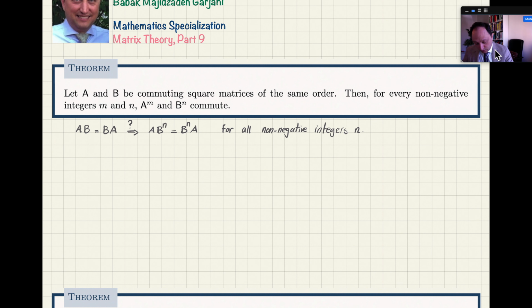yes? So we say that, okay, my goal is to prove this equality based on this assumption, yes? If n is equal to 1, then I will get A B to the 1 is equal to B to the 1 times A, but this is true, yes? Based on the assumption that I have for matrices A and B. Now we assume that this is valid for k, meaning that A times B to the k is equal to B to the k times A, assumed to be true.